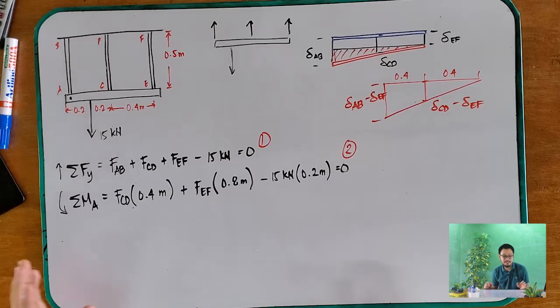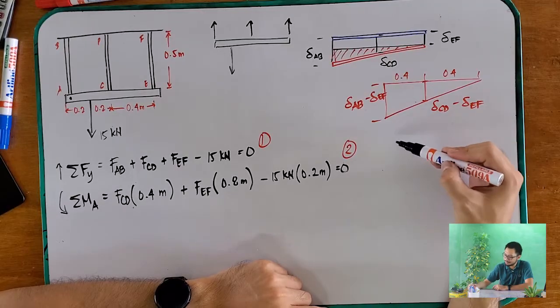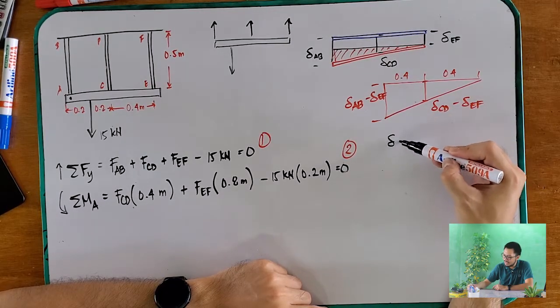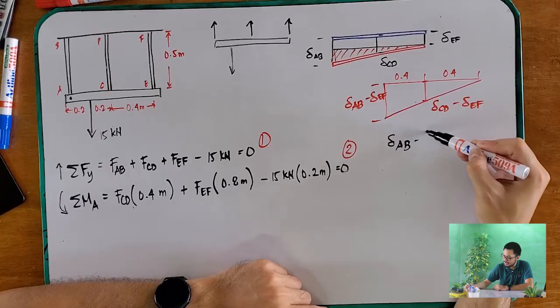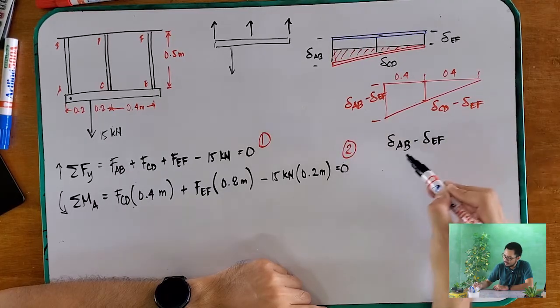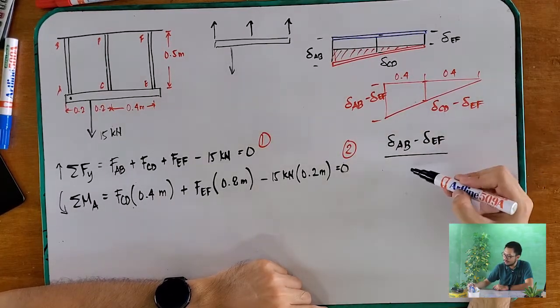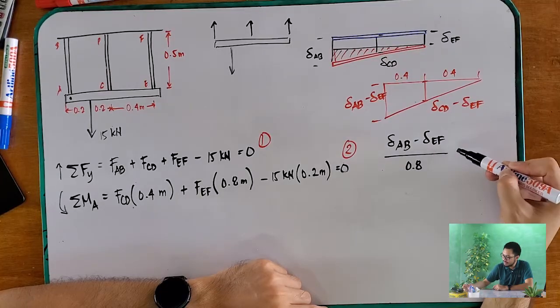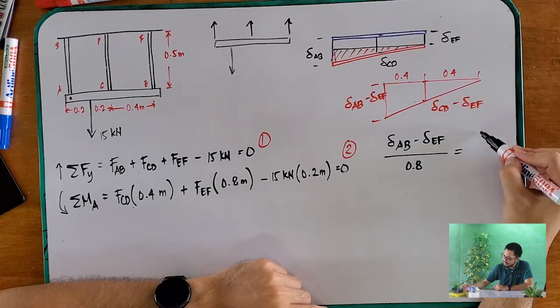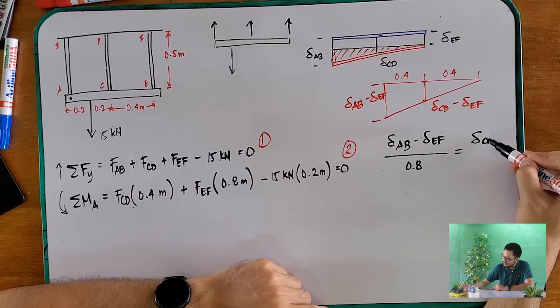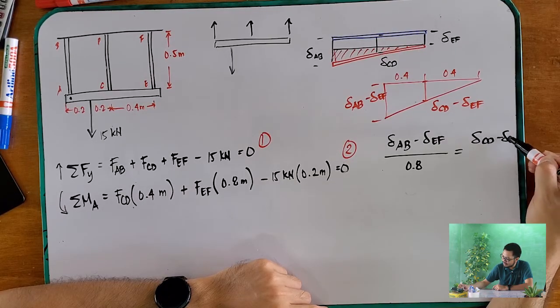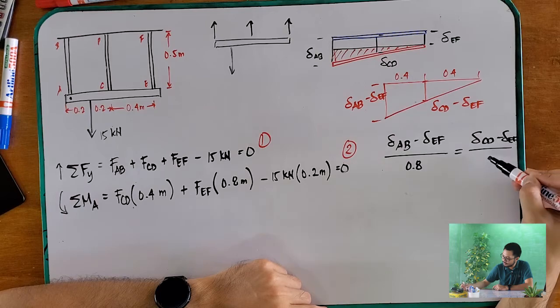And because they have the same slope, therefore we can use the same slope nga formula. Unsa man to? Rise. So delta AB minus delta EF over run of 0.8 is equal to delta CD minus delta EF over 0.4.